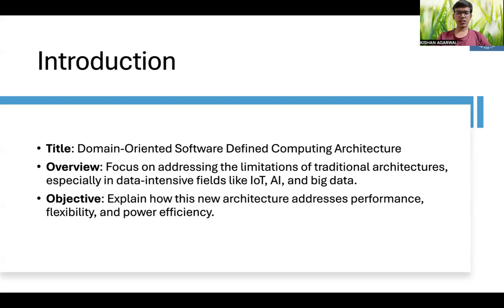Domain-oriented computing architecture has become the technical direction that considers the high flexibility and efficiency of information systems, aiming at the characteristics of data-intensive computing in different scenarios, such as IoT, that is Internet of Things, big data, and artificial intelligence.